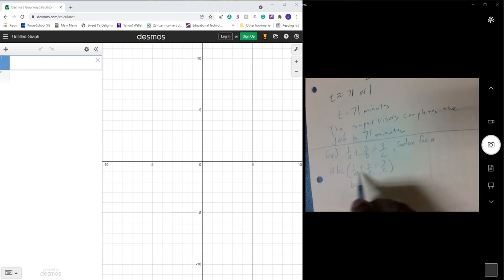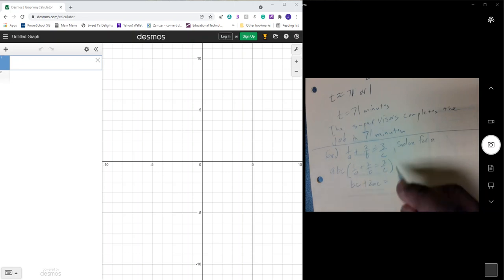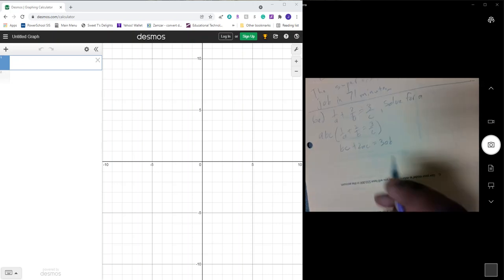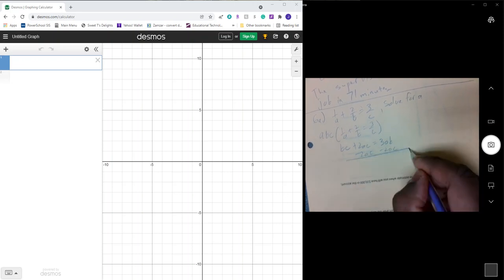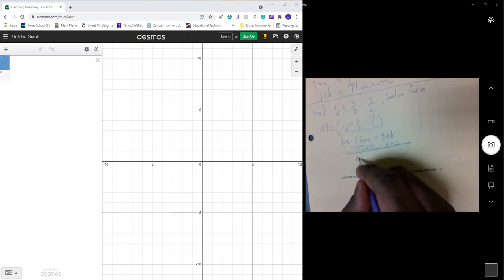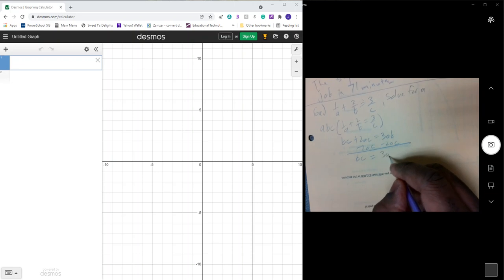The b's will simplify out, and this will be 2ac. The c's will simplify out, and it'll be 3ab. Now remember, we're trying to get a by itself. So we would subtract 2ac on both sides, and we have bc is equal to 3ab minus 2ac.